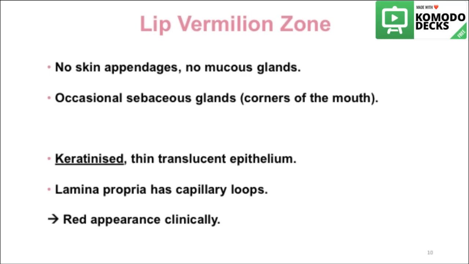It occasionally has some sebaceous glands in some areas, like the corners of the mouth. It is composed of keratinized, thin, translucent epithelium, which makes it more prominent in red color. The lamina propria has capillary loops and vessels.